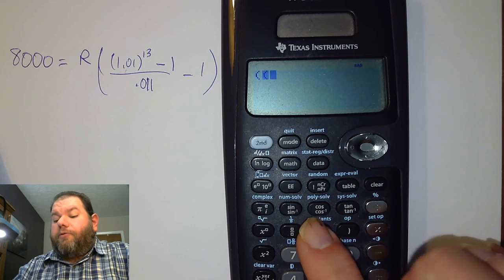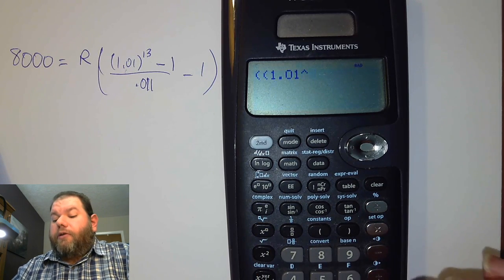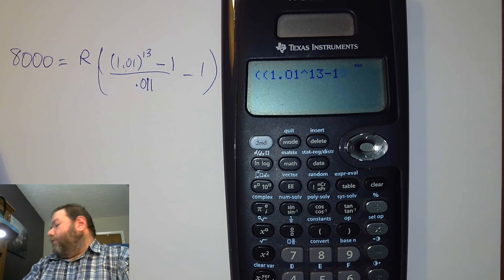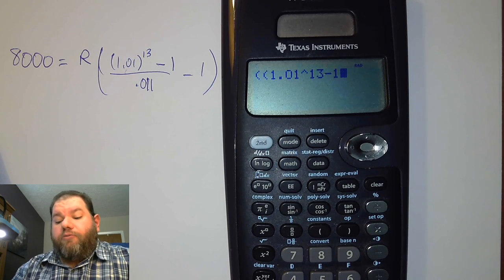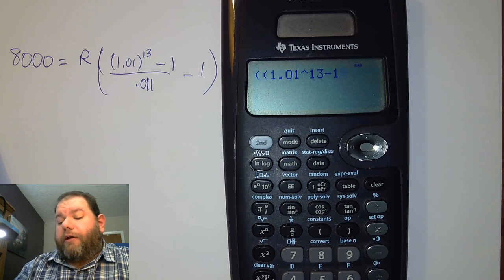Let's open up two parentheses. We'll say 1.01 to the 13th, and then minus 1. Now, you might be worried that the 1 is subtracting from 13 rather than the 1.01 raised to the 13th. Most modern calculators are smart enough that they'll handle that application okay.